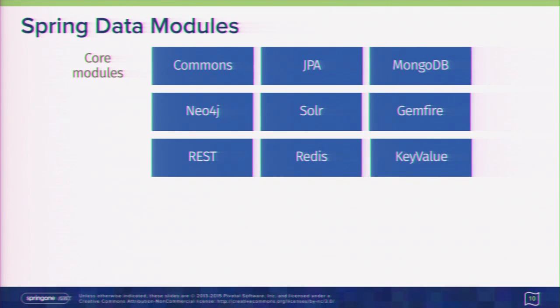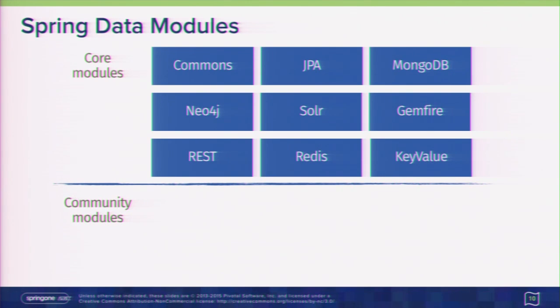We have support for MongoDB with both driver versions, 2.12.3, I guess was the latest, and the 3.0 version line. We have Neo4j, Solr, Gemfire. The odd one out is REST, because it's not really a store abstraction, but more about how to expose a repository as HTTP resources. We have Redis and the key value module.